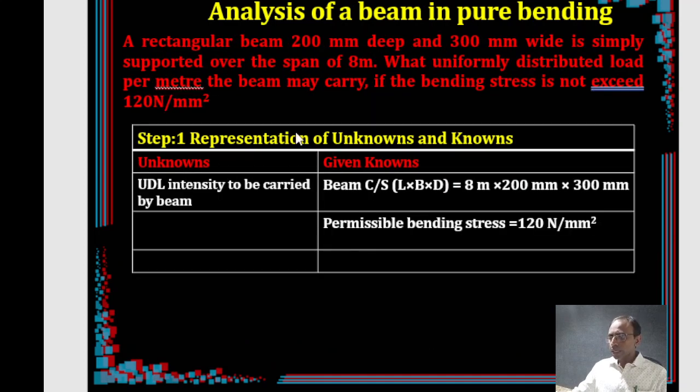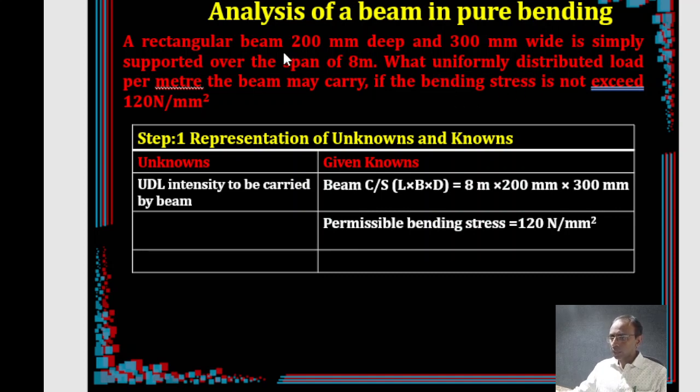Next, the topic that we discussed in the beginning is the analysis of the beam in pure bending, where we require to calculate the load. The maximum load carrying capacity is what we have targeted, right? So here such a kind of problem was selected.